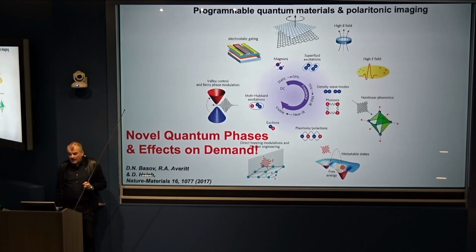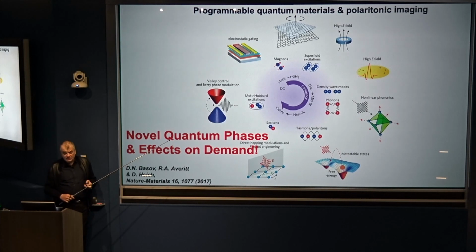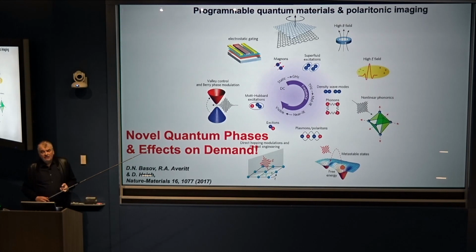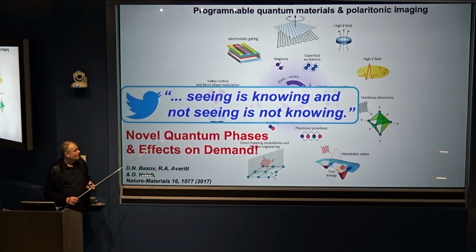Polaritonic imaging is helping us to make advances with this line of research. And why is that? Why are polaritons informative? There are many ways to answer this question, and I'll just quote you a viral tweet that I recently read that I think is very good for my talk and maybe for the series.